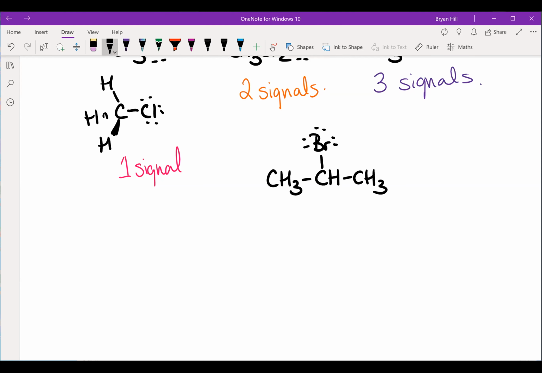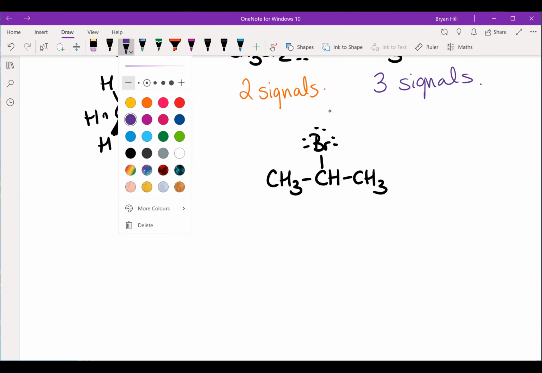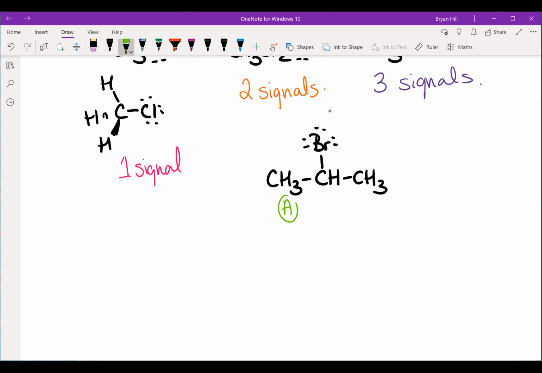Actually, no, two. Right. These 3 here, A, would be the same as these 3 here, A, and this proton here, B, would be by itself. So we would have 2 signals in this case.